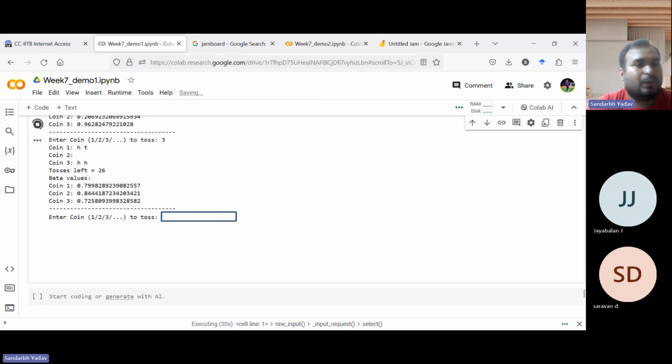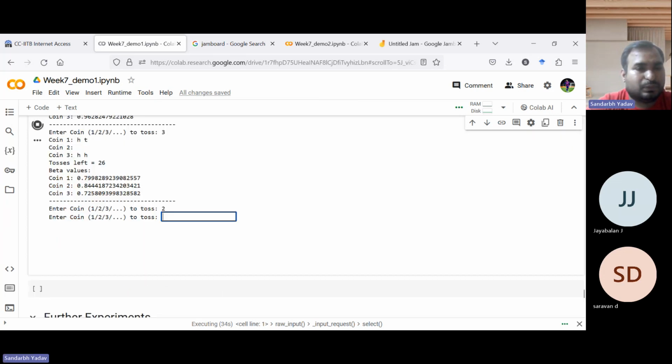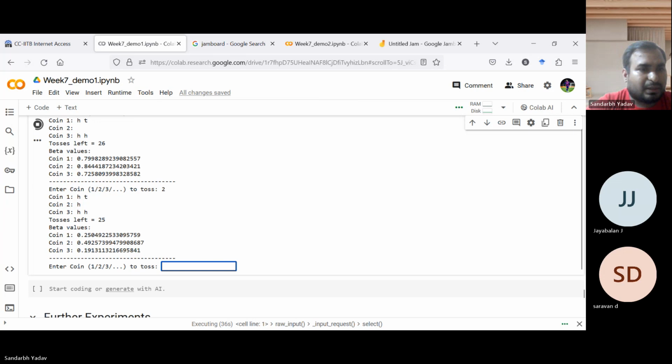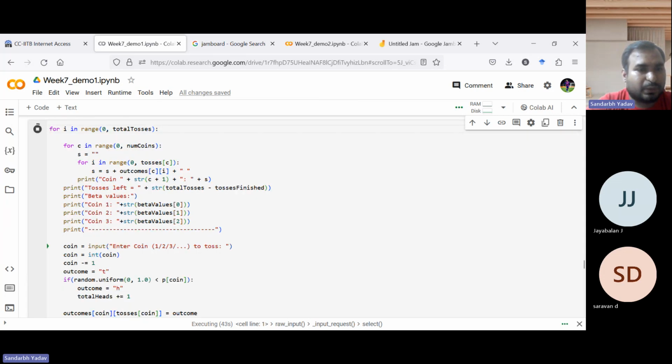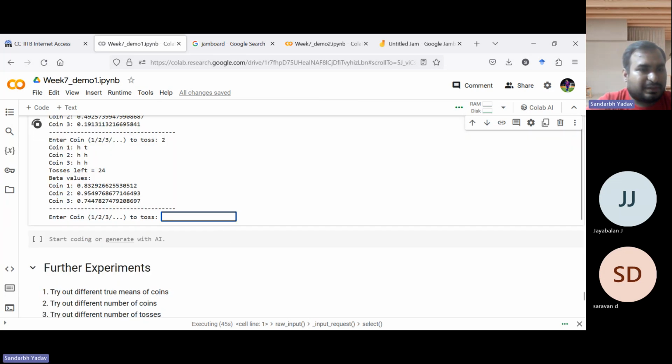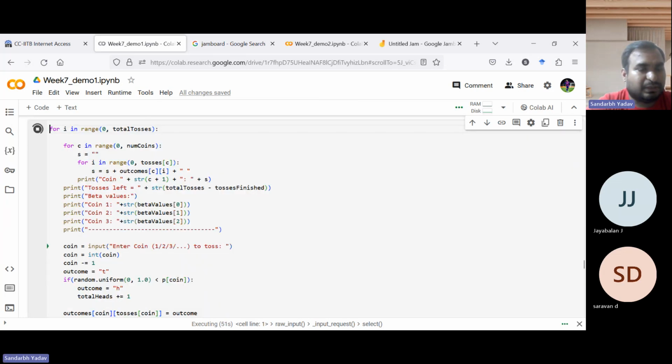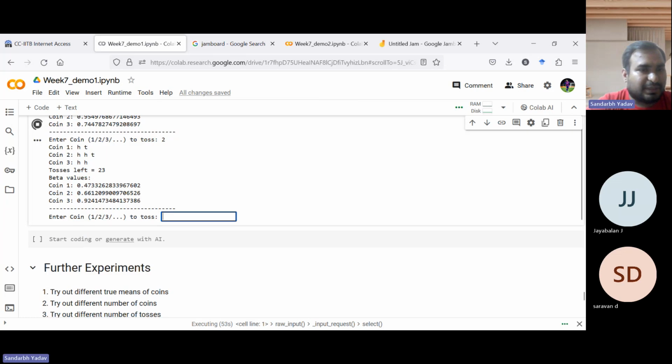Now it wants us to explore coin two. Let's do coin two. Coin two also gave head, but now the sample one is best for coin two. Let's do one more time, coin two. As long as we are getting heads, we don't mind pulling that coin. So let's pull coin two again. It gave tail, so it varies now. Now we will toss coin three.